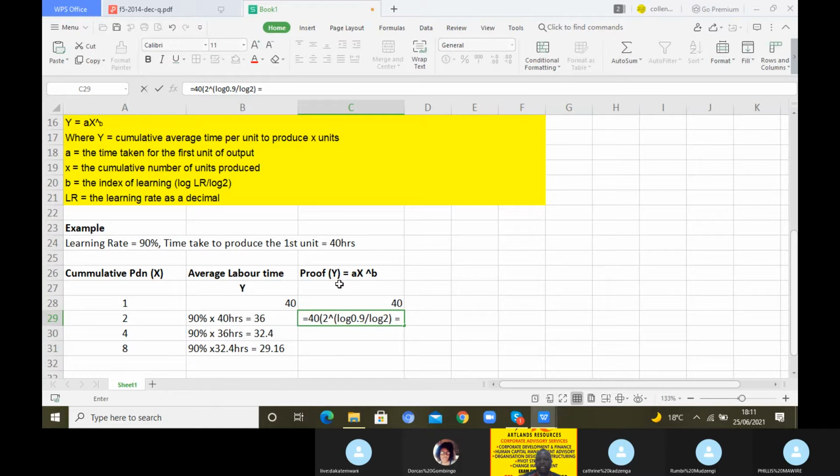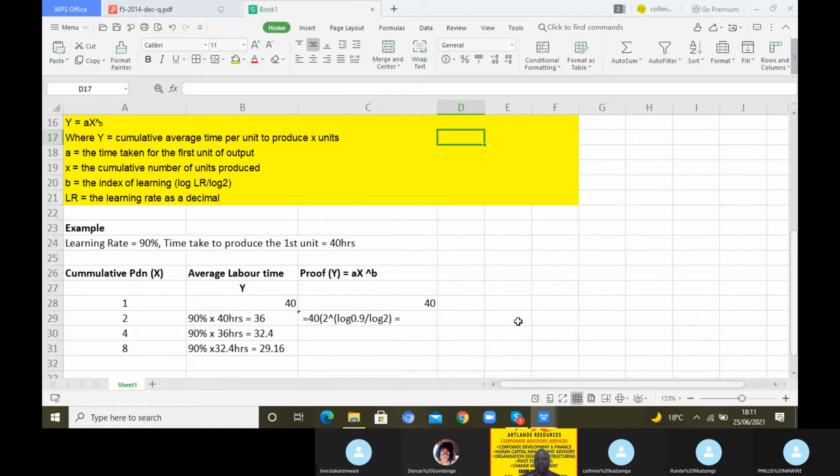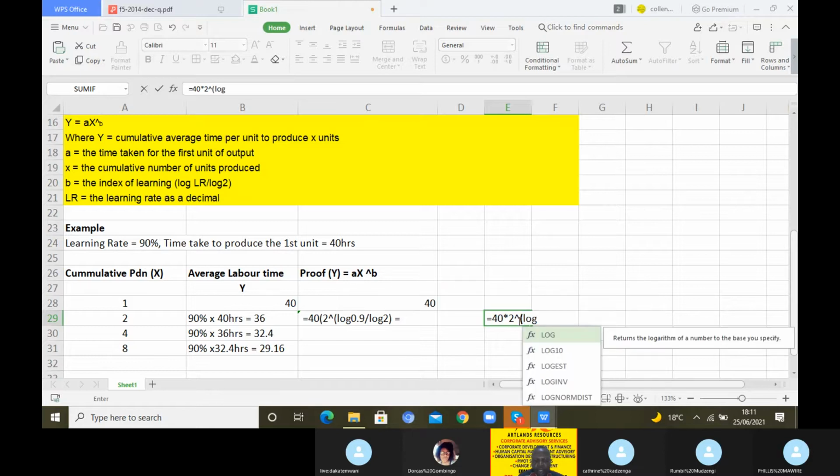If you perform this calculation, what do you get? I can punch it here and say equals 40 times 2 to the power of, open bracket, log 0.9 divided by log 2, then you close bracket, log 0.9 over log 2, press enter.